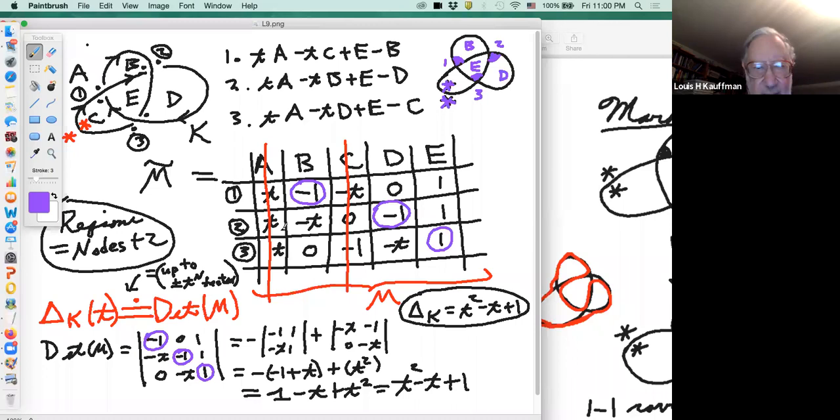And you'll get the same polynomial up to equals dot. And then he goes on to prove that it's invariant under the Alexander-Rademacher-Briggs moves.